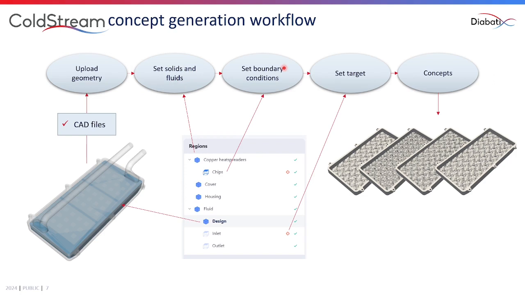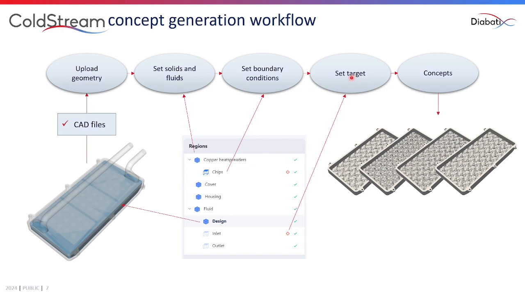Next, you set the boundary conditions. So your inlet condition, for example, a fan or a pump, as well as your heat source. So how much heat do the chips actually produce? And lastly, you have to specify to Colsim a design domain. That's the volume where Colsim can change or create those concepts. And you have to let Colsim know what to optimize for, and those are the targets.